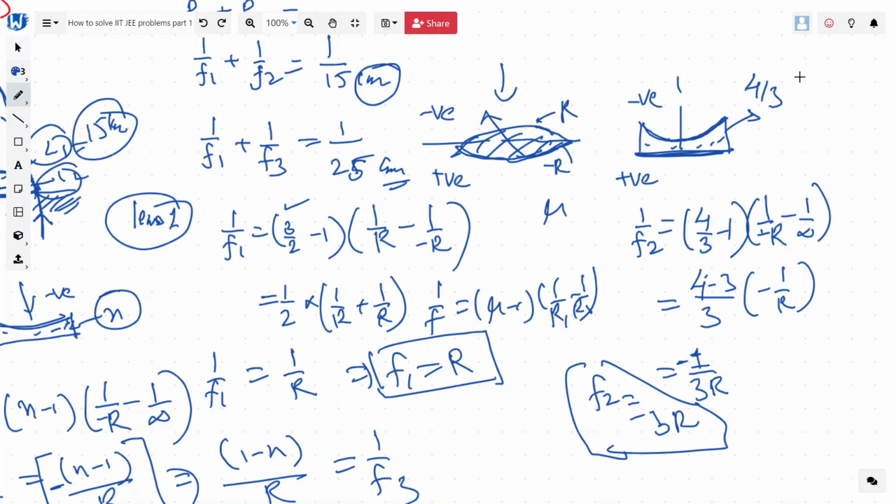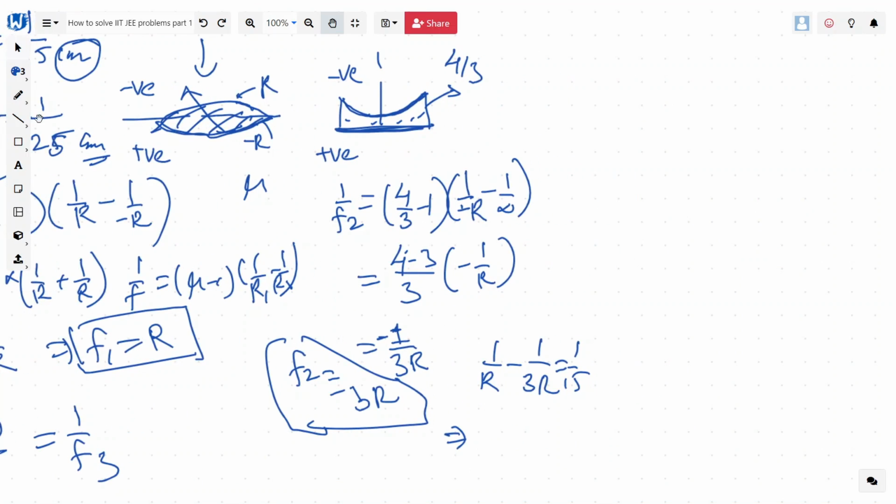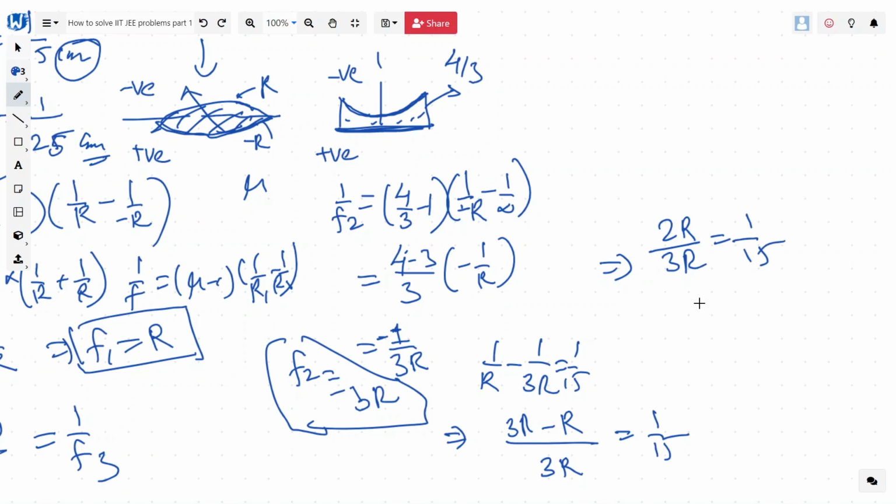So 1 by f1 is 1 by r, and 1 by f2 is minus 1 by 3r, and that is 1 by 15. Let's find r. 3r minus r, so 2r over 3r squared... it's 3 minus 1, yeah, 2.